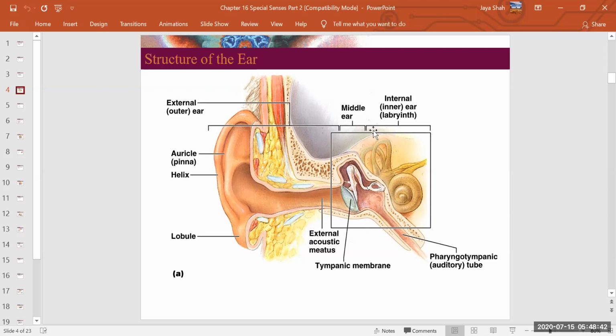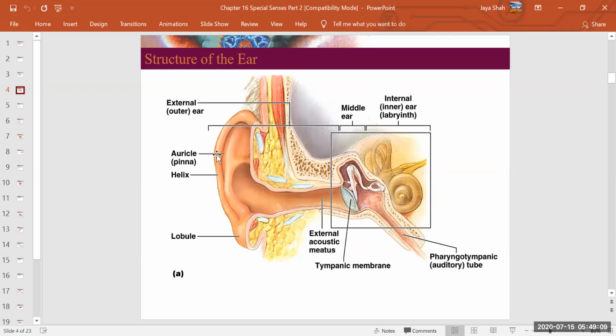If you see here, this is all the structure of the external ear. You have the helix, the outer rim of the ear. Then you have the cavity here, that is called the auricle or pinna. And this lobe, which is the skin hanging downward with a lot of fat, is called the lobule.